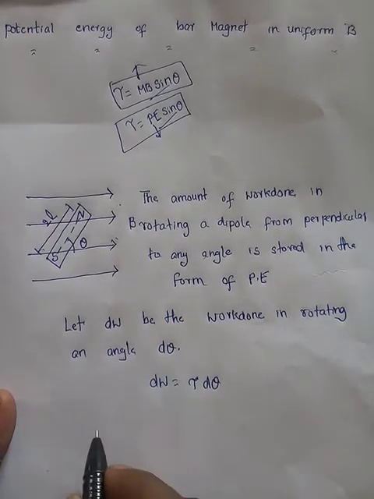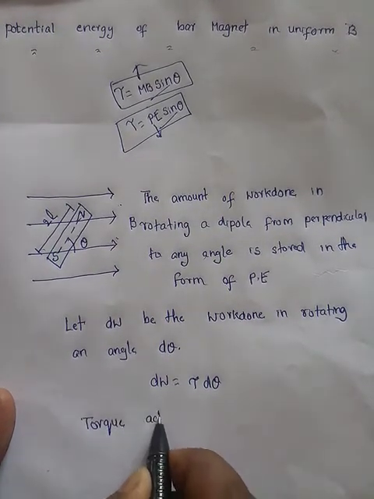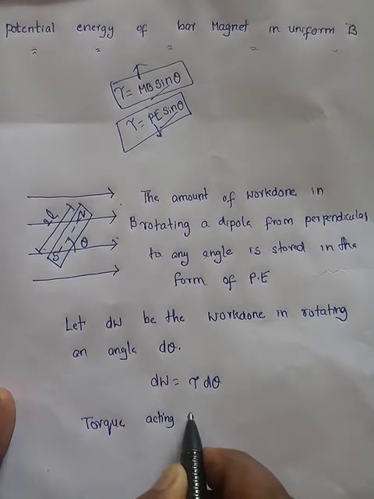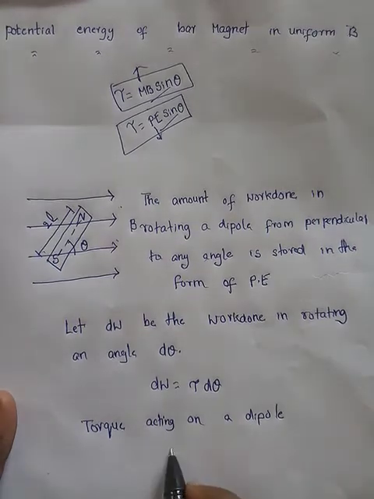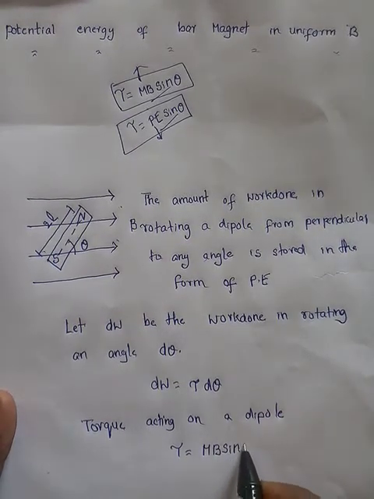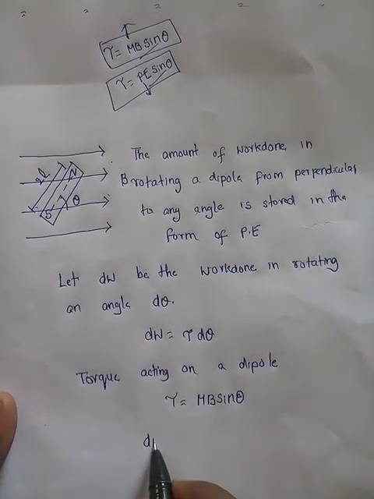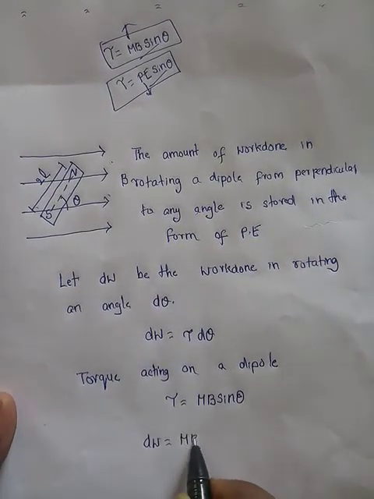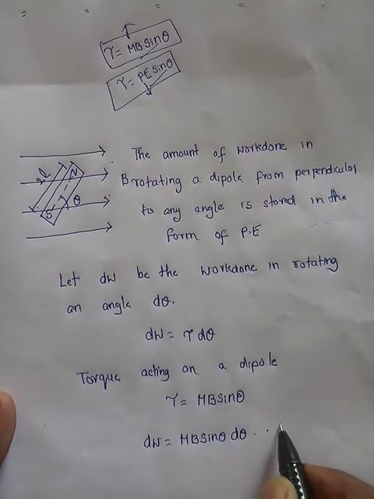Tau is equal to the torque acting on a dipole. What is the torque acting on a dipole? Torque tau equals mB sin theta. So I can write this as dW equals mB sin theta d theta.